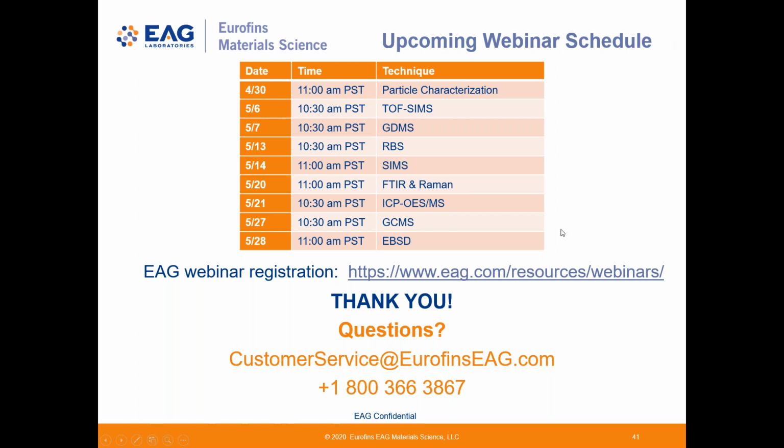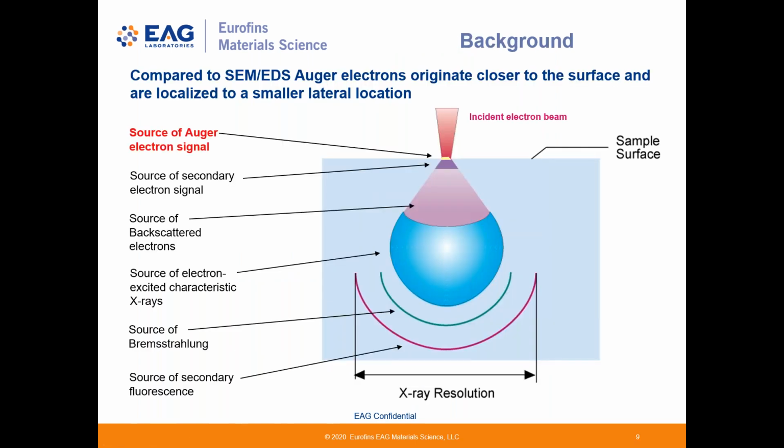Okay. Again, it's a size issue, so the analytical resolution of Auger is much smaller than EDS, since the X-rays come from a greater volume of material. You can see that here.